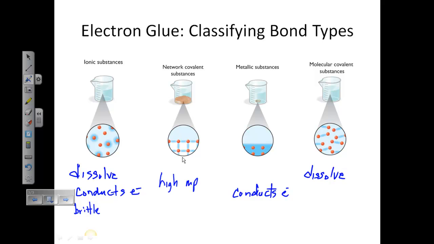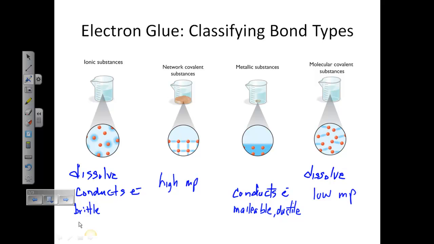They're hard to break. Metallic substances, you can bend them. So we say they're malleable and they're ductile. That means you can stretch them into really thin wire. And molecular covalent substances are fairly weak. They have a tendency to have a low melting point.